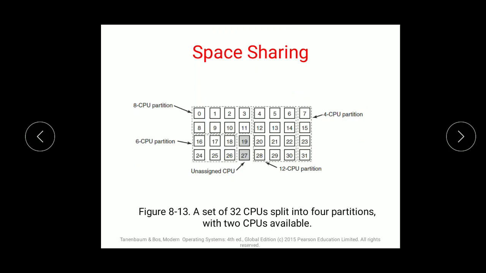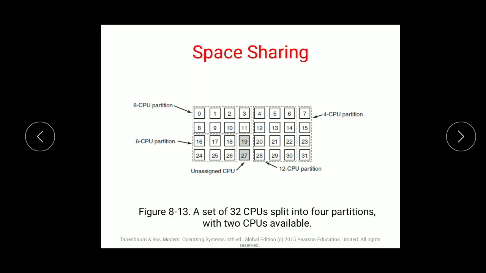Next is space sharing. Space sharing is also a partitioning of the CPUs, here 32 CPUs. How 32? It starts from 0, not from 1. That is the reason it's 32 split over 4 partitions. How have they set the 4 partitions?